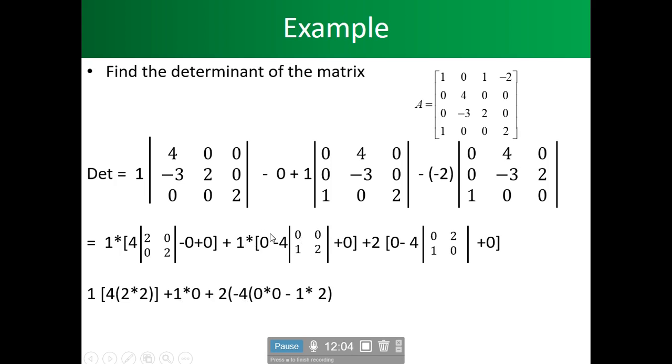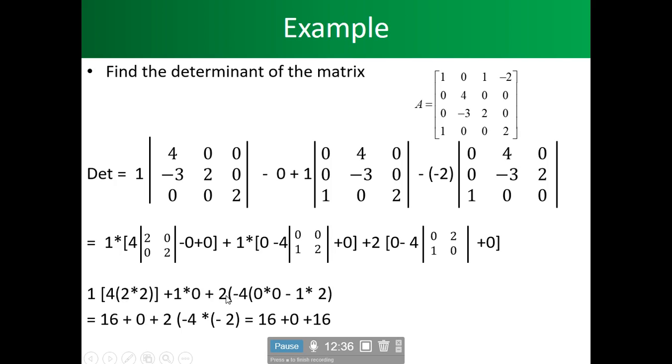So that's your 1 times all of this is 0. Then you have your 2 here. Bring your 2 down, and you have a 0 and your minus 4. And you have this times this is what? 0 times 0 minus 1 times 2 plus 0. So this is going to leave us with 2 times 2 is 4, times 4 is 16, plus 0.